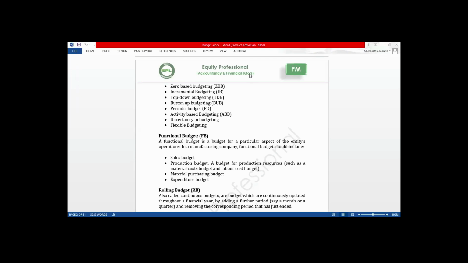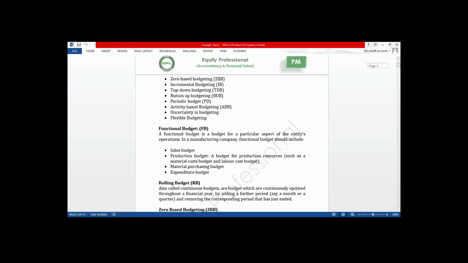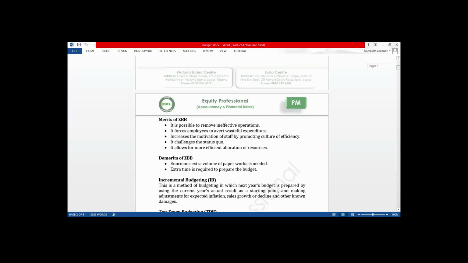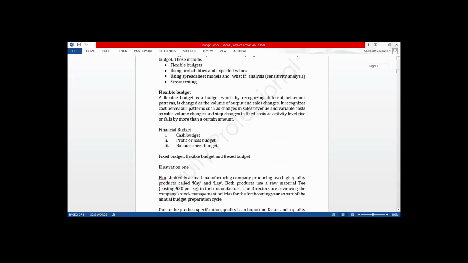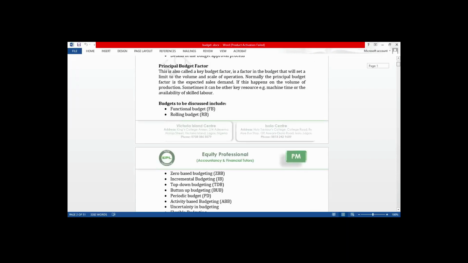At this point, I need to show you a sample or a specimen of production budget. Please, if you are in this class, I will encourage you to write down these formats or this pro forma for production budget, raw material budget. Let me create a space here.